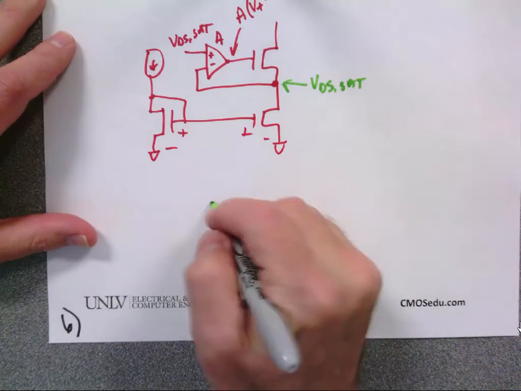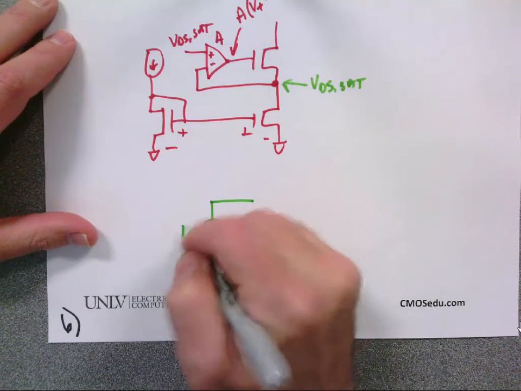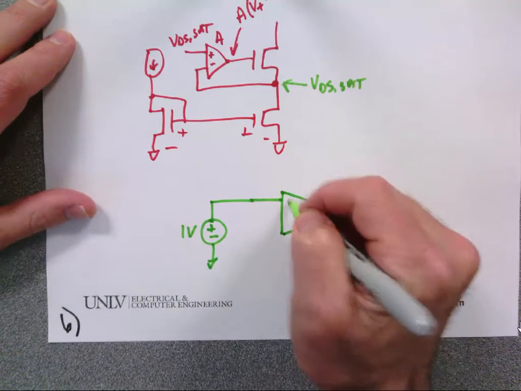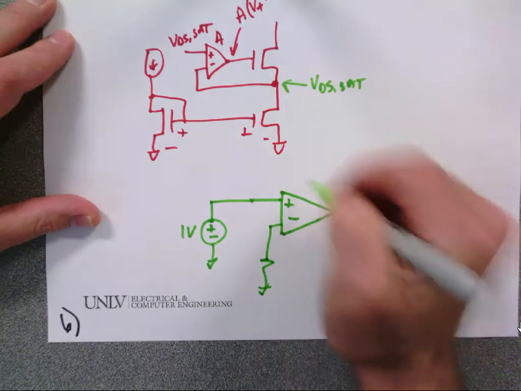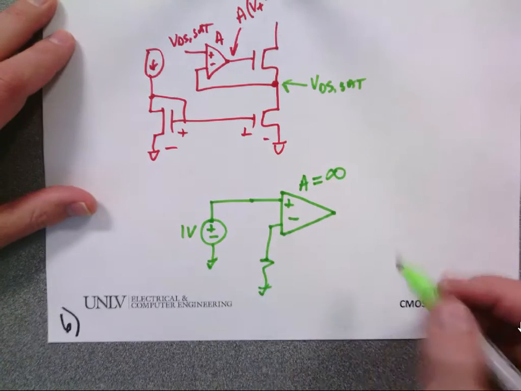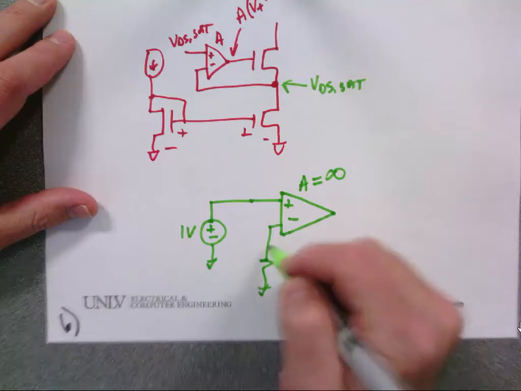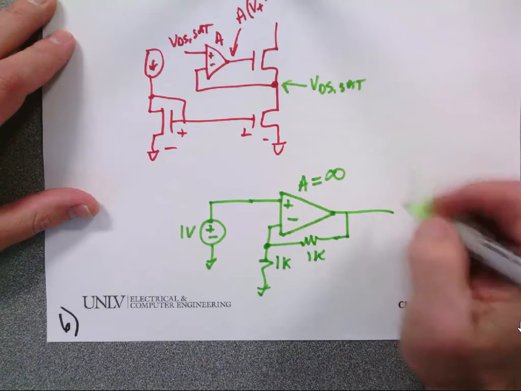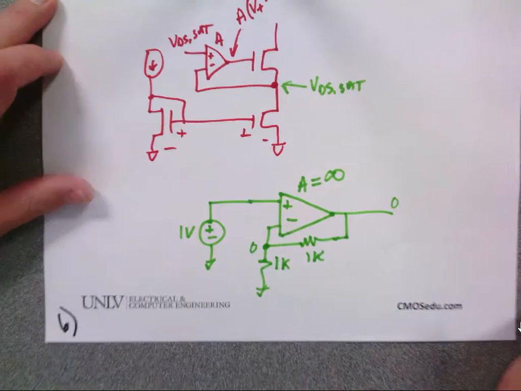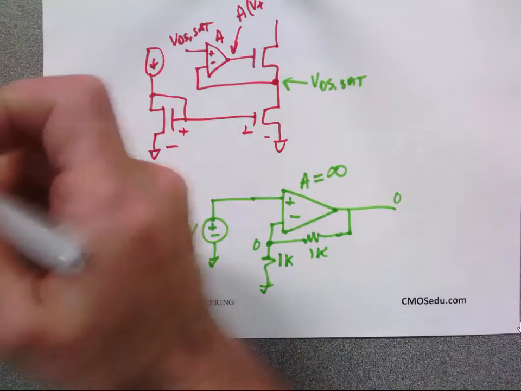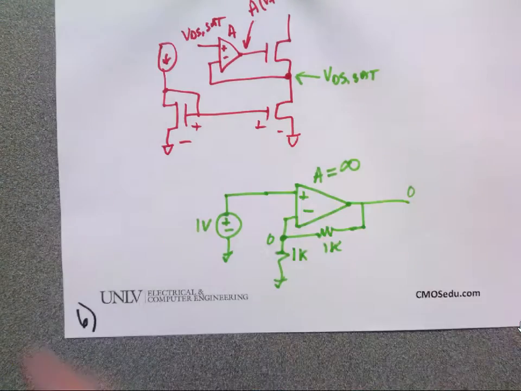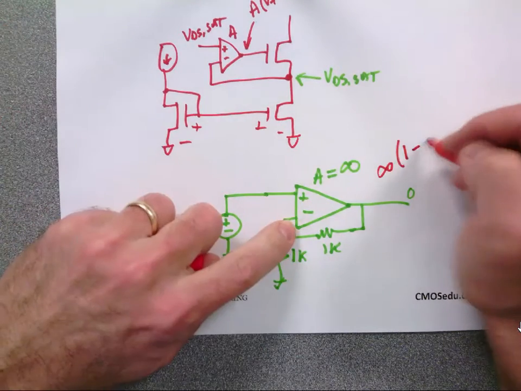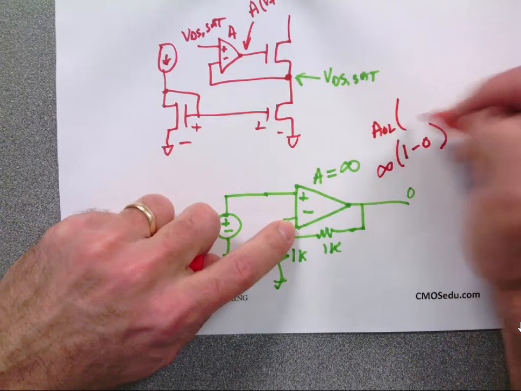Let's say I have the following. Let's say A equals infinity, or something really big. Let's say this is 1K, 1K, and this is 0 and 0. The op amp says, hey, I got infinity times 1 minus 0, because it's always going to be the open loop gain times the voltage on the positive node minus the negative node.